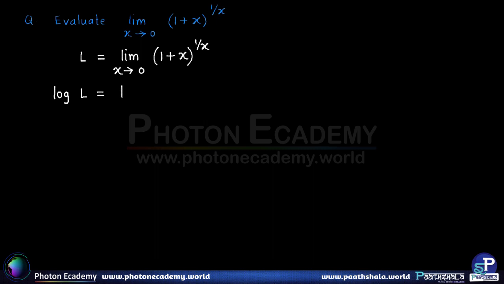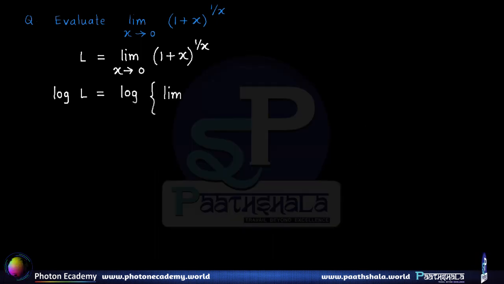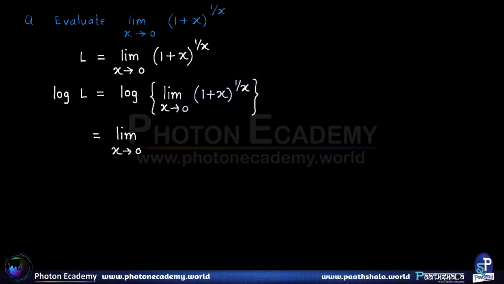Again, whenever we have the indeterminate form of any exponent, we have to take the log. So log L is equal to log of the limit of (1 plus x) raised to 1 upon x as x tends to 0. You can take the log inside, and it is the limit as x tends to 0 of log of (1 plus x) raised to 1 upon x.